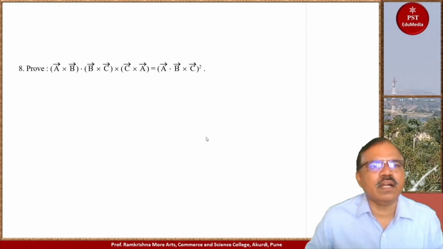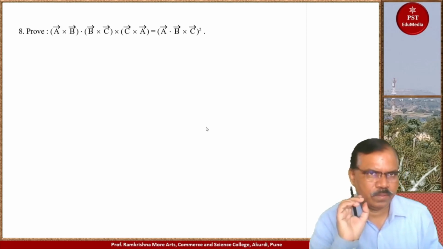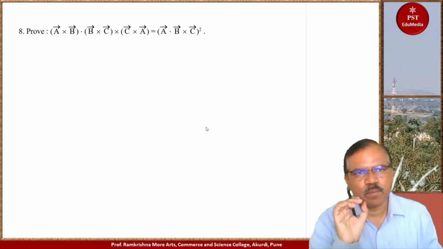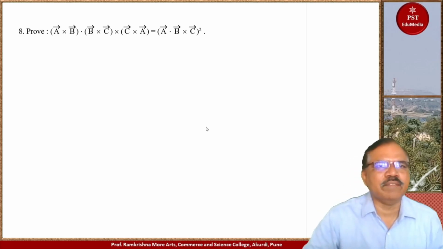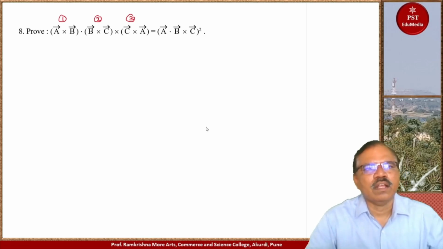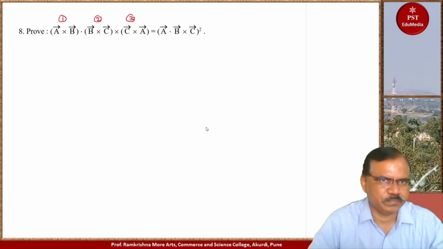So here we have A cross B dot B cross C cross C cross A. So we have three vectors. This is the first vector, this is the second vector, this is the third vector. And we have to prove that this is equal to A dot B cross C, bracket square.